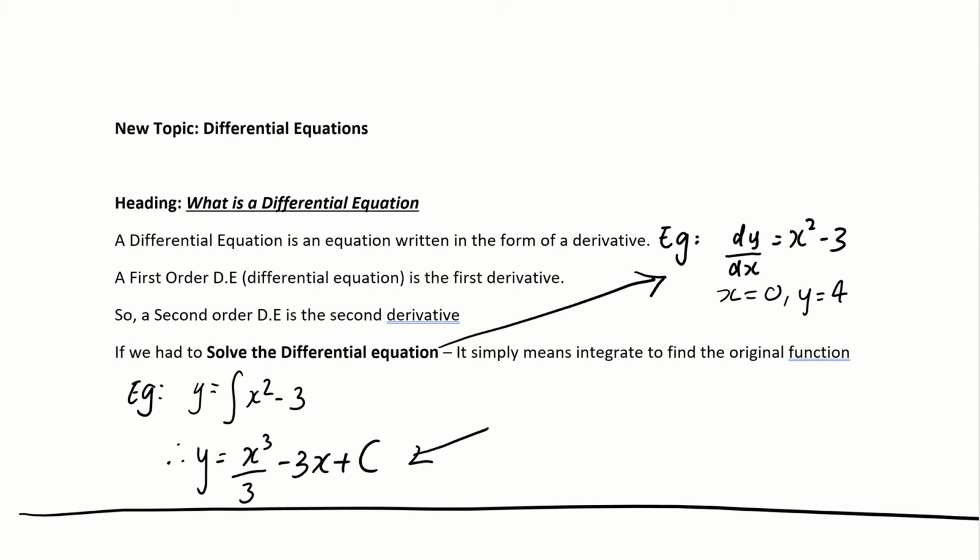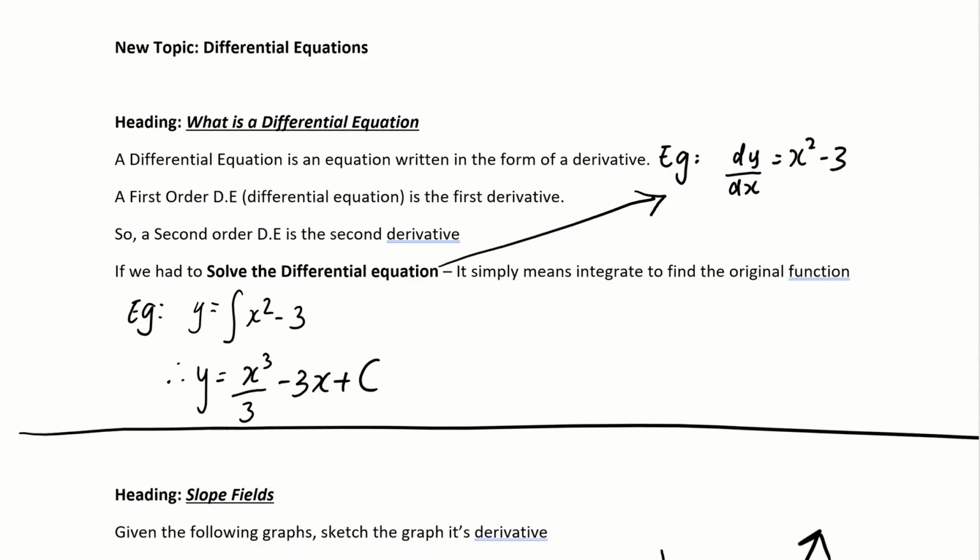So when they give you a point or enough information to substitute in, you need to find the value of c. In this original case though, we'd leave it as plus c as we weren't originally given those points. So that's all a differential equation is. Nothing new, nothing different to what you've actually seen before.